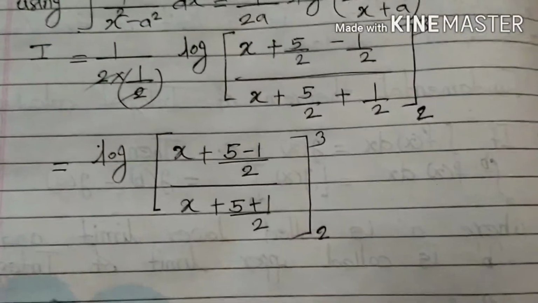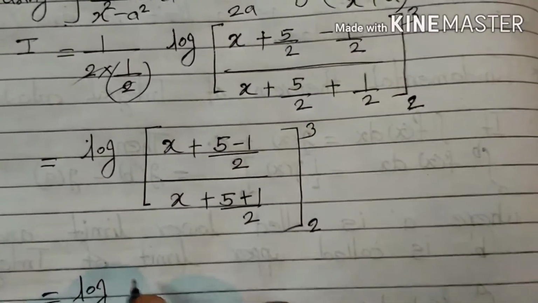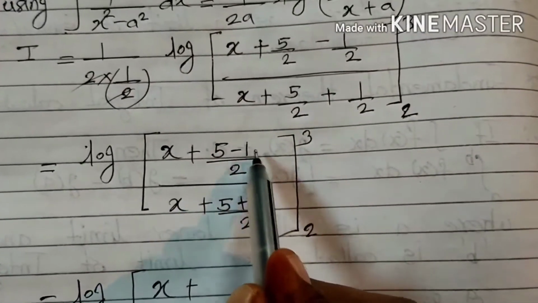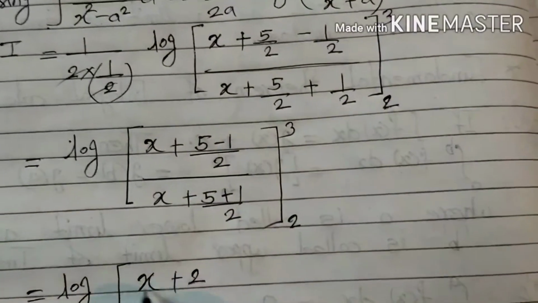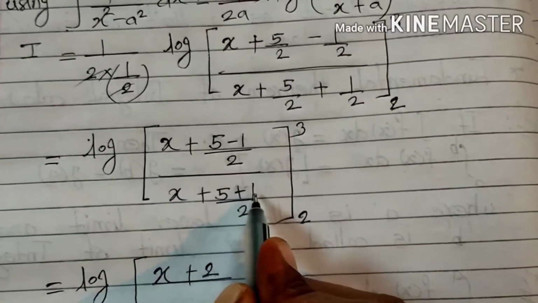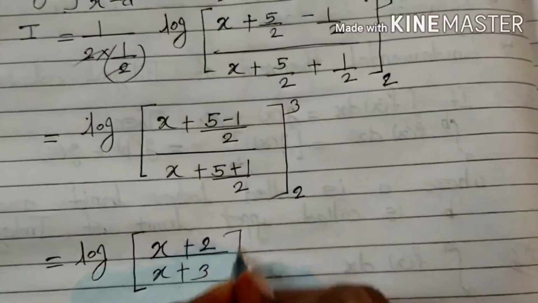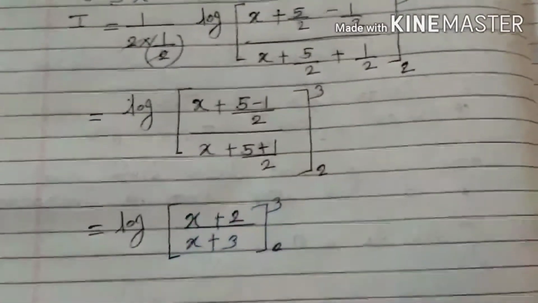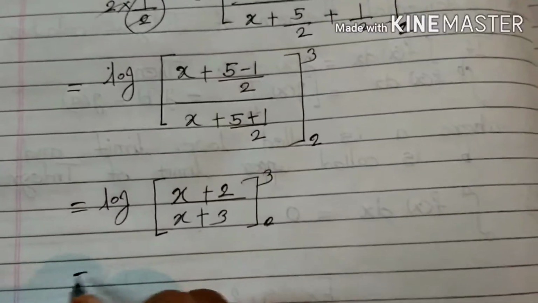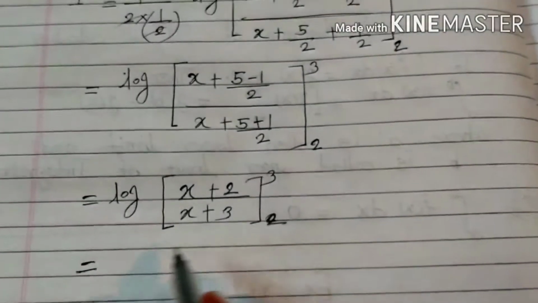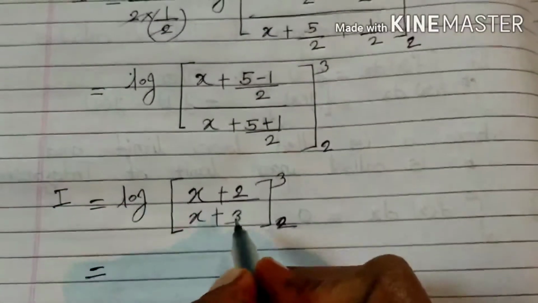Now calculate log of x plus 5 minus 1 is 4, 4 upon 2 is 2, so write here x plus 2 upon 5 plus 1 is 6, 6 upon 2 is 3, so write here x plus 3, and it is from 2 to 3. Now put the limit. So our process of integration is finished here.